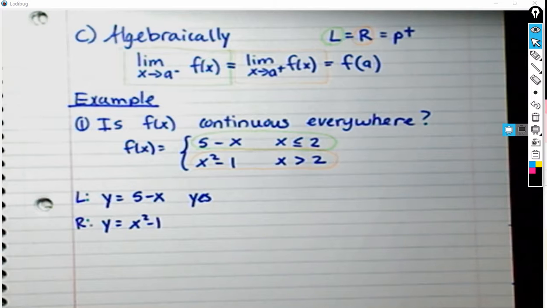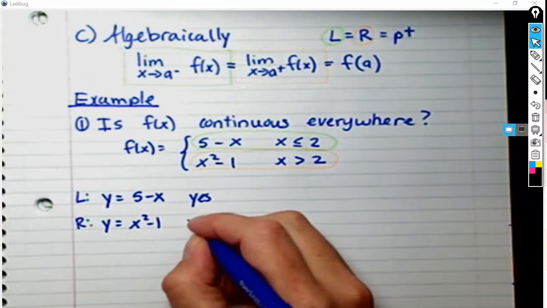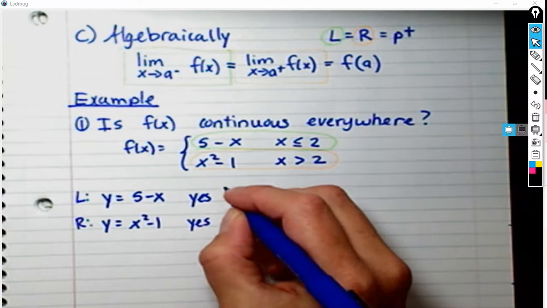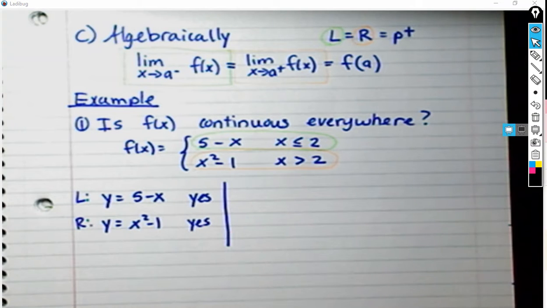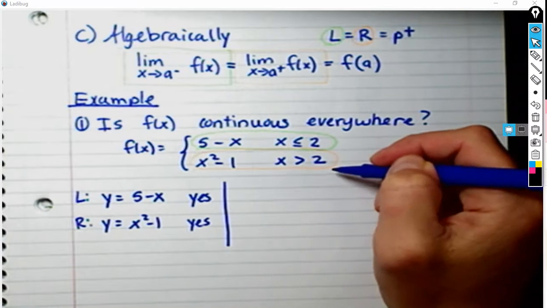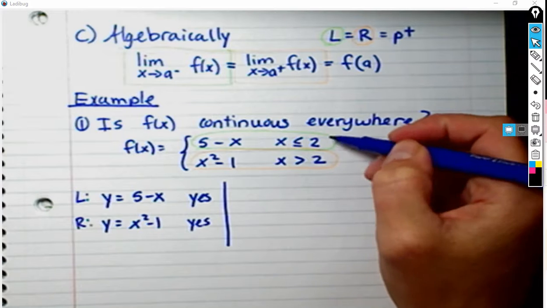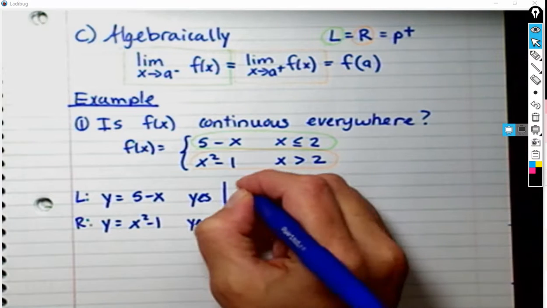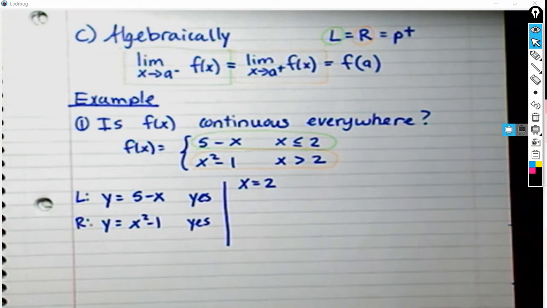Is y equals x squared minus 1 a continuous graph? Yeah, it's a parabola. So now that I've established that the left side is good and the right side is good, what about the transition? Because it switches from green to orange at x equals 2.